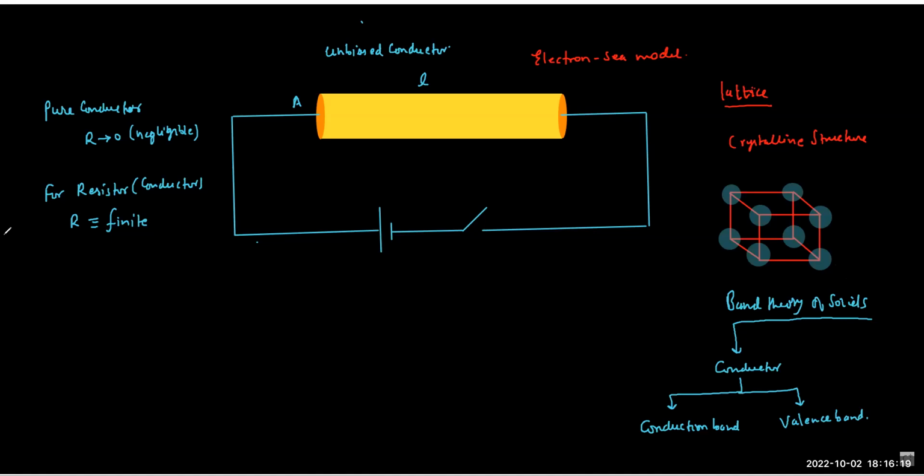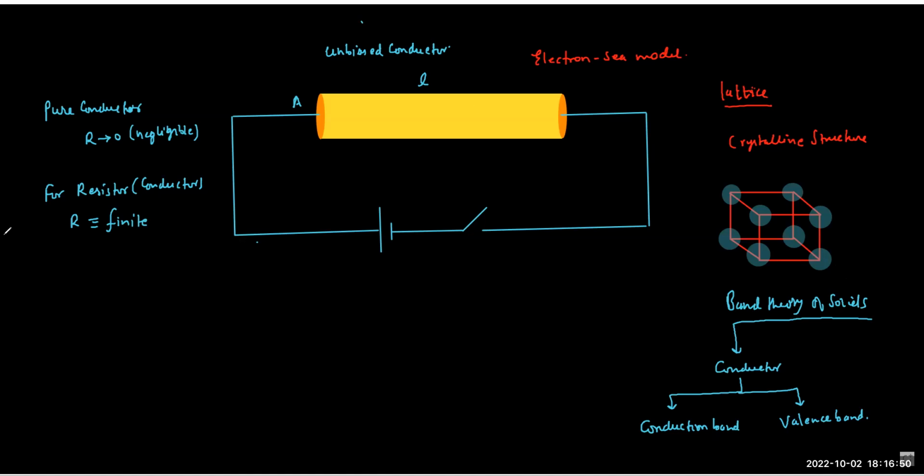Every person is given one room, but because we have a finite number of rooms, you can only occupy those finite numbers, and anything beyond that has to go to the rooftop under the emergency situation. That rooftop can be thought of as a conduction band, and they participate in conduction. So that is the band theory of solids.